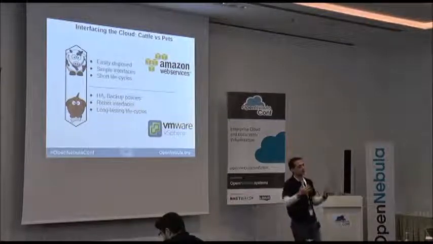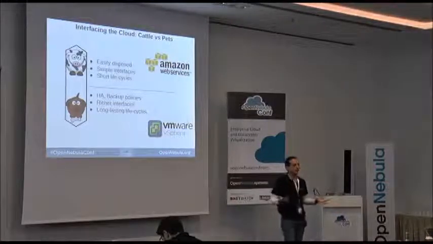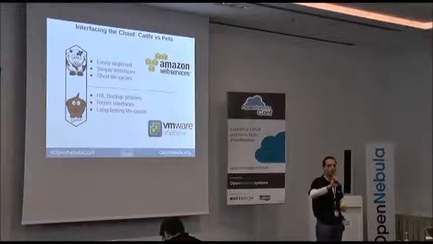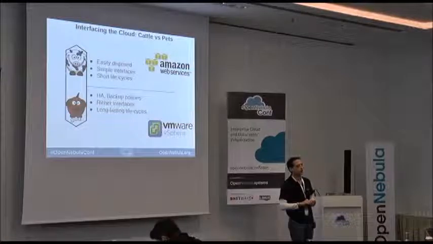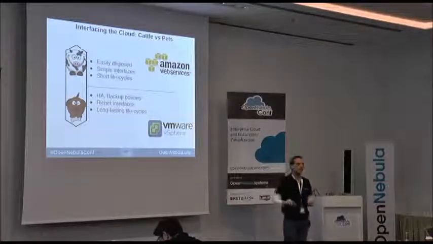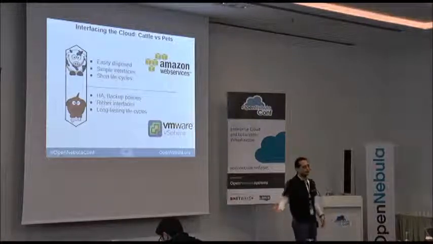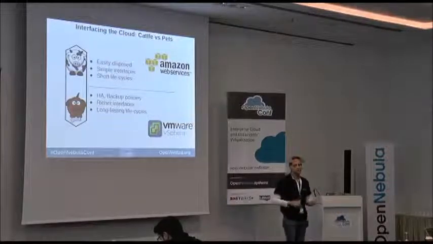Usually, in that model, what we have seen is that users are exposed to very simple interfaces. The set of API actions or the interface actions that can be performed over the VM are very simple. Just boot the VM, shut down the VM or power off it, or save this, and that's it. Nothing more.